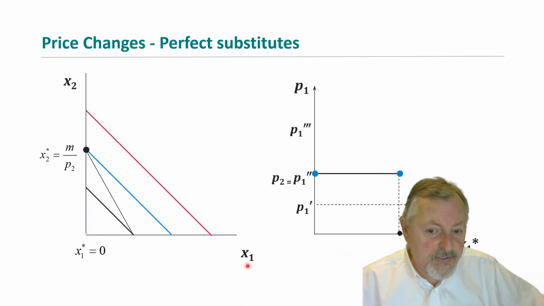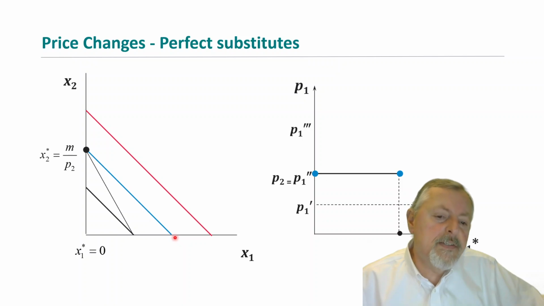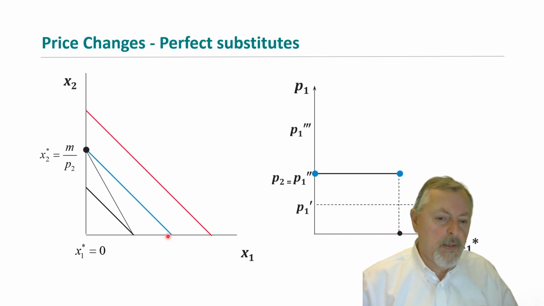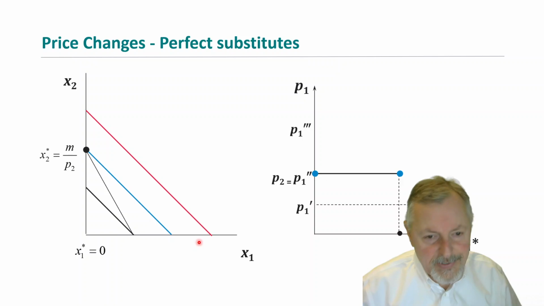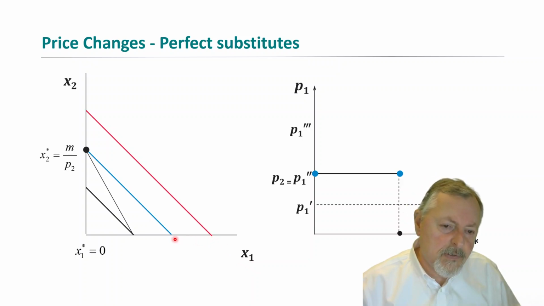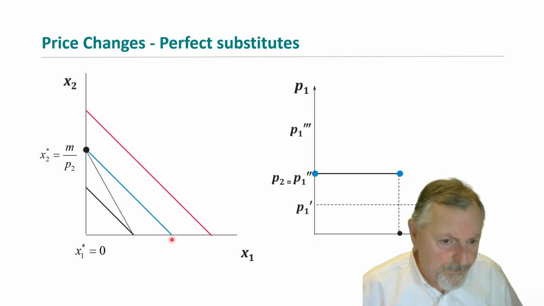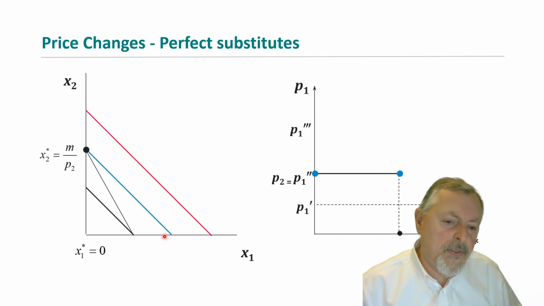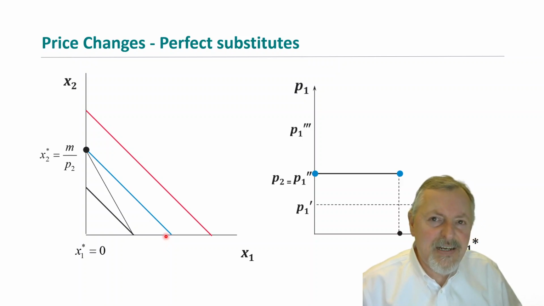And then as the price of commodity 1 drops even further, once it moves just a smidge below this point, well, I'm sorry, I've been saying the price is going down. This is the price going up, I apologize. As the price of thing 1 goes up, it moves to the left. So at this point, just to the left of here, the price of X1, of commodity 1, has gone up, so it's just slightly greater than the price of thing 2.